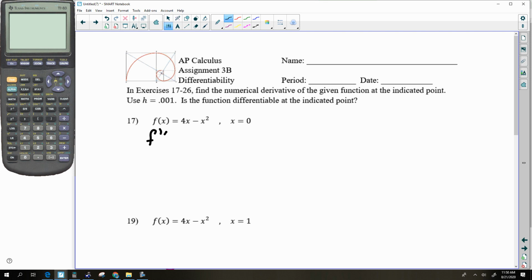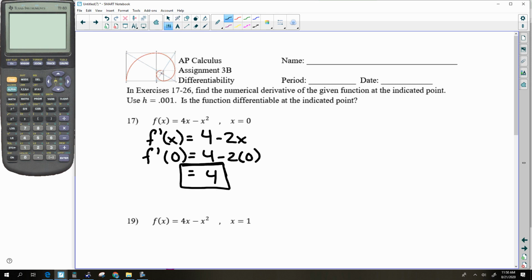I'm just going to go over the way that we were just talking about. What's the derivative of this? That's 4 minus 2x. What's the derivative at that point? That's 4 minus 2 times 0. So yes, it is differentiable at that point.